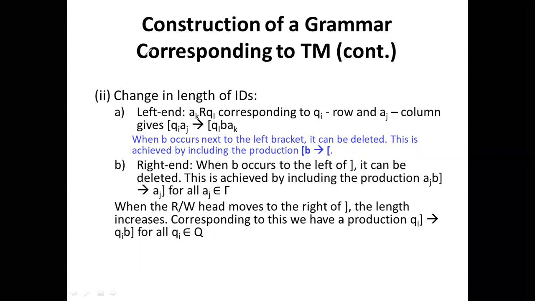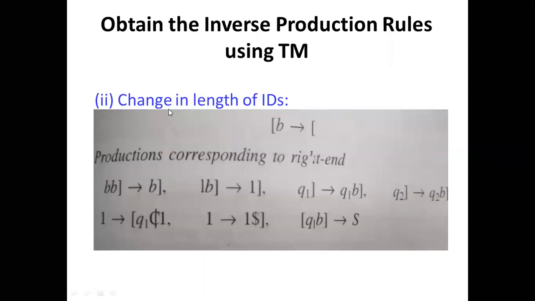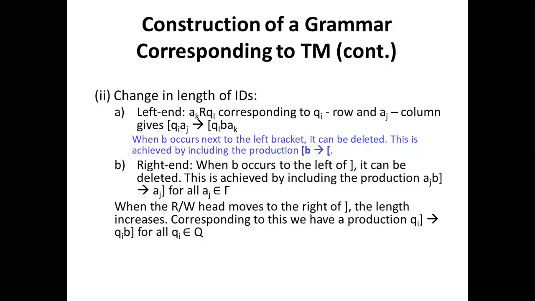So in the next slide, if you consider the productions for the right end, if AJ is B, then BB right bracket to B right bracket.